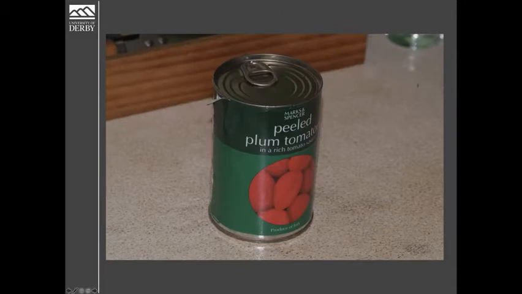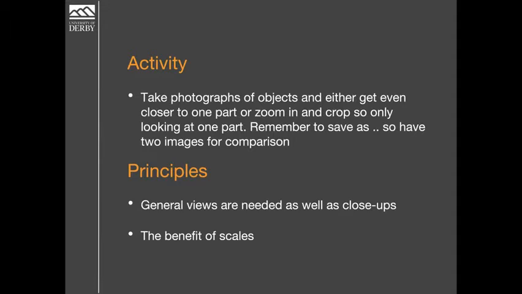Not sure you can see my cursor or not. You can see there at the very top, that circle there. What I'm going to do with each of these things is show what the activity is first of all, and then the principles behind it in terms of photography or students thinking as they work through things.